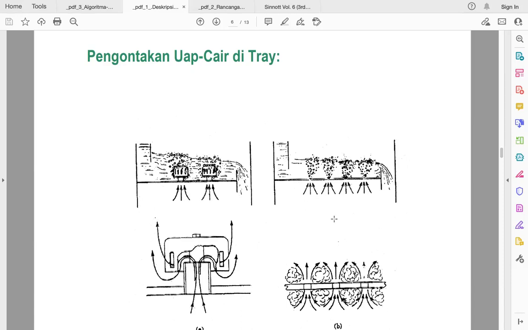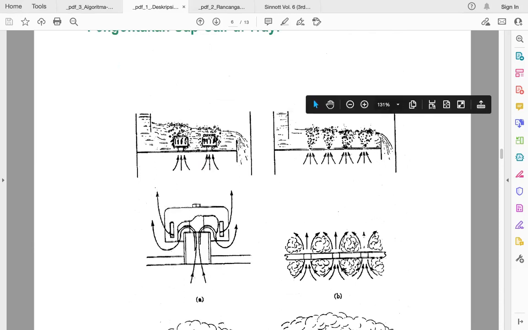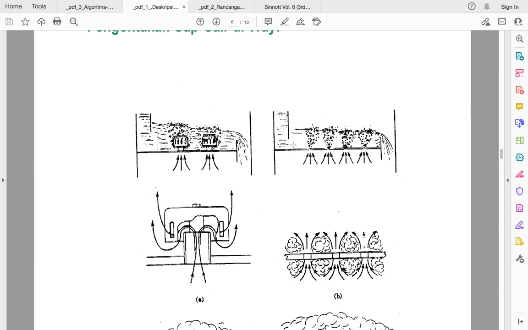Okay, and the other way around, if you don't have much gas flow, then because there's only a hole here, of course the liquid will have dripping over here, it will fall down.